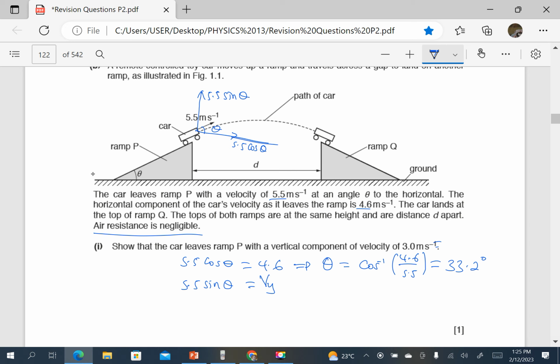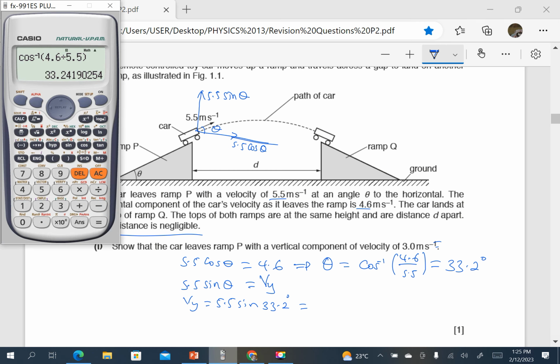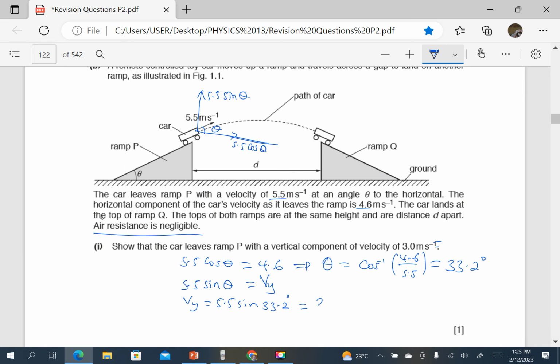So the vertical component V in the y is going to be 5.5 sine of 33.2, which is 3.0. So V in the vertical is 3.0 meters per second.